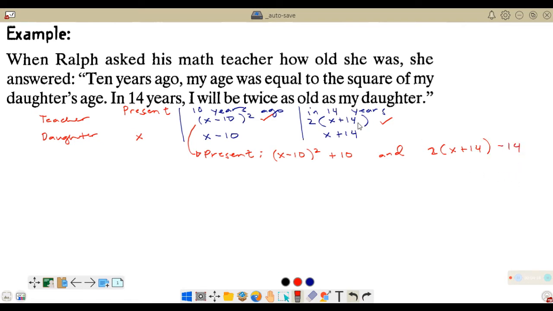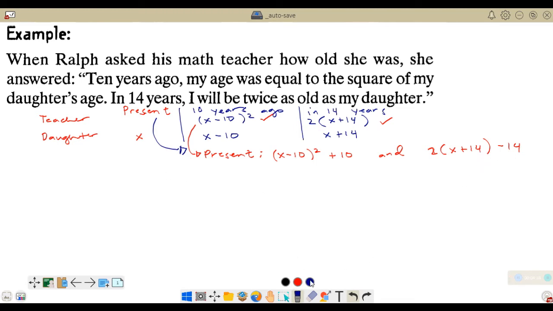So, kung in 14 years pa, 2 times X plus 14 yung edad niya, edi bawasan mo siya ng 14, that is going to be her present age. So, there are two formulas for the present age of the mother. These are the two formulas. X minus 10 squared plus 10 and 2 times X plus 14 minus 14.